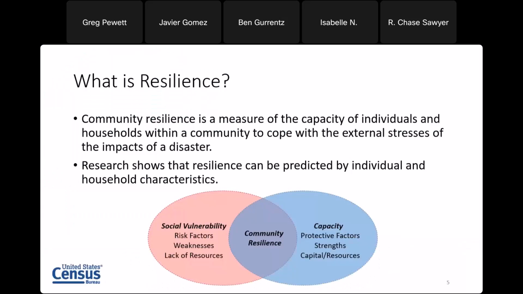Community resilience is a measure of the capacity of individuals and households within a community to cope with external stresses of the impacts of a disaster. Research shows that resilience can be predicted by individual and household characteristics. On your screen, community resilience is the intersection of social vulnerability, like risk factors, weaknesses or lack of resources, and capacity, like protective factors, strengths, and capital or resources.